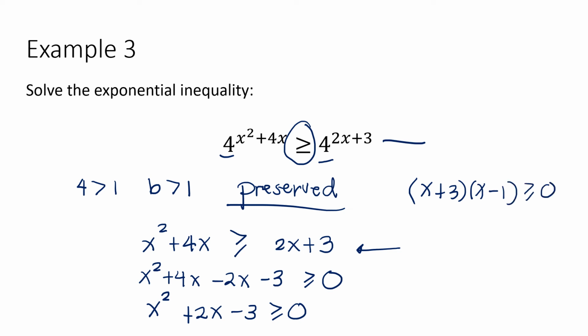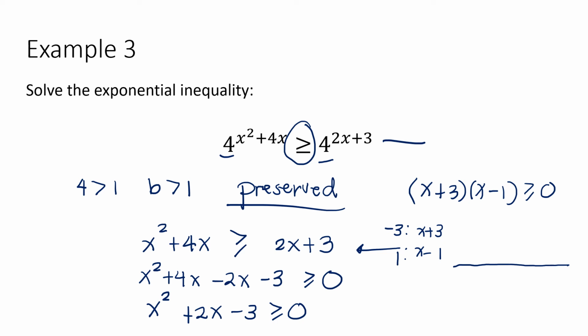Apply the table of signs. We have x plus 3, x minus 1, and we find the zeros. This is negative 3 and this is 1, and then you create some sort of number line. So this table of signs is something that we have learned before, or you might have learned before, because this is a prior knowledge for this topic.